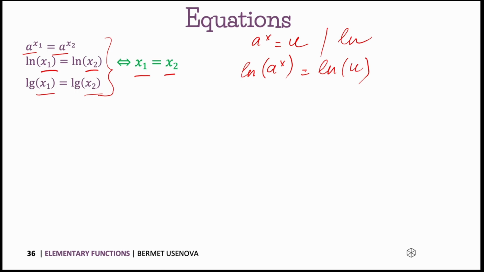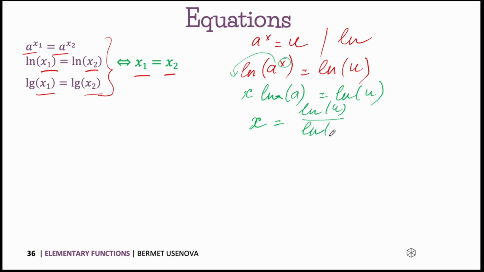If you remember the rule we saw before, we can put x here and it will give us x logarithm a equal to natural logarithm u, and we will find x as natural logarithm u divided by natural logarithm of a. This also looks like the formula for changing bases if you look closely here.